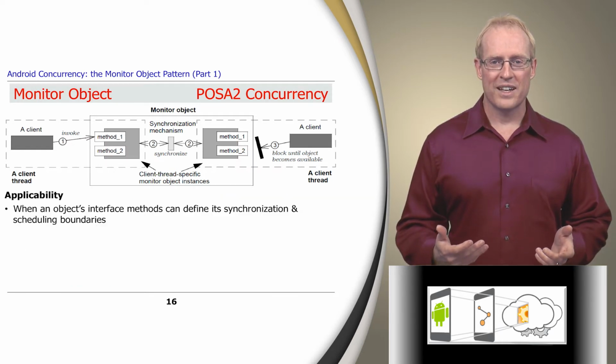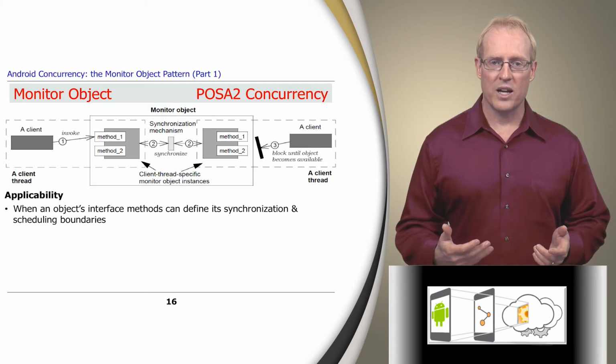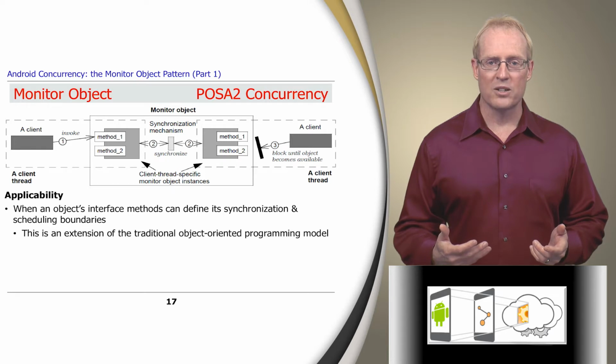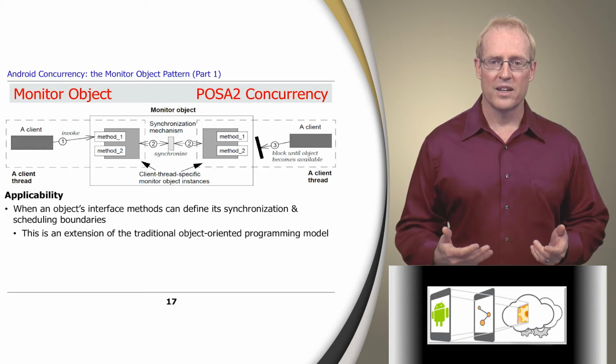For example, it's often the case that an object's interface methods can define its scheduling and synchronization boundaries. To separate concerns and protect object state from uncontrolled changes, object-oriented programmers are accustomed to accessing objects only through their interface methods. It's straightforward to extend this object-oriented programming model to protect an object's data from uncontrolled concurrent changes.